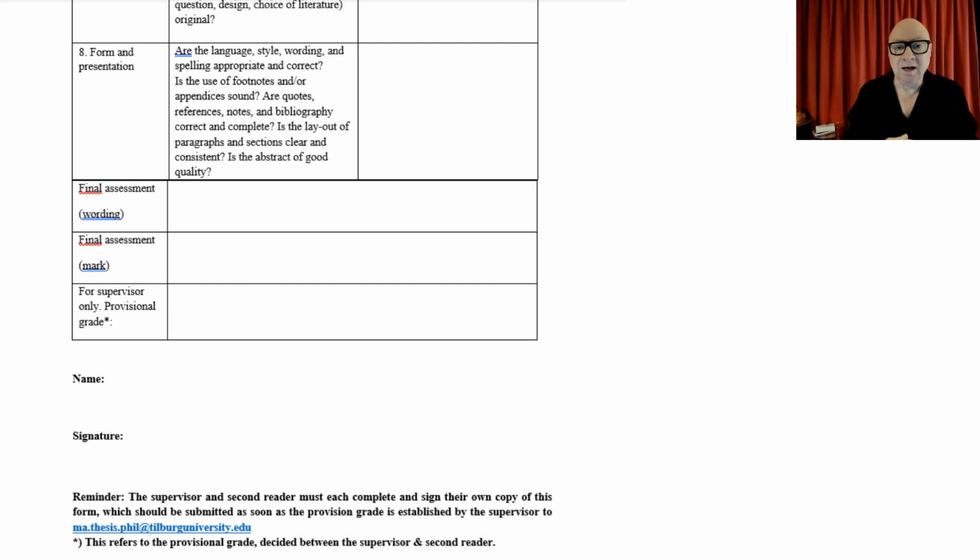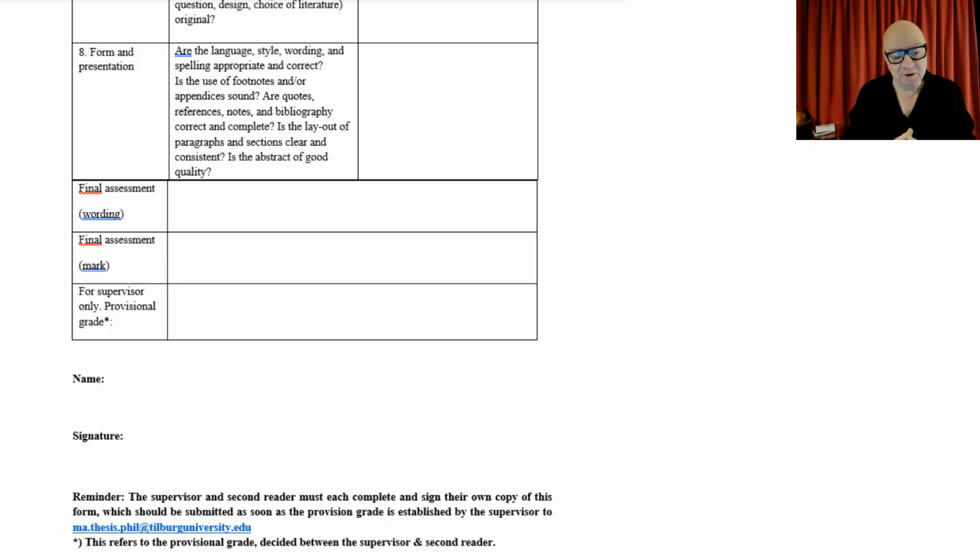Then we look at that, and then if we put it in our archives, we can later see that, for instance, it's the case that the supervisor gives a 7 and the second reader gives an 8, then you might say, well, they agreed on a 7.5, but not necessarily so. They could agree on a 7. And if then after the defense on the joint assessment form there's a 7.5, we don't know whether you got an extra half point or whether you already got a 7.5 as your provisional grade.